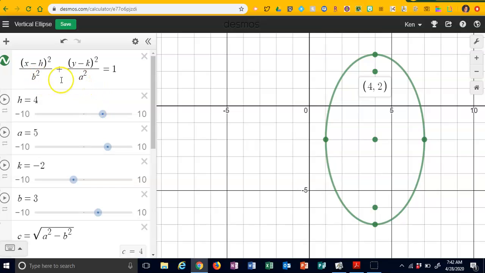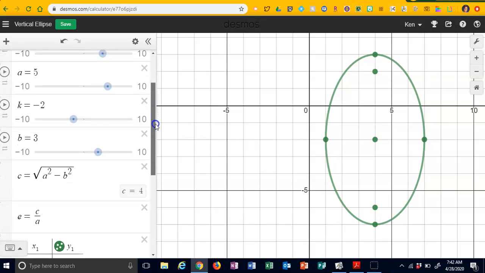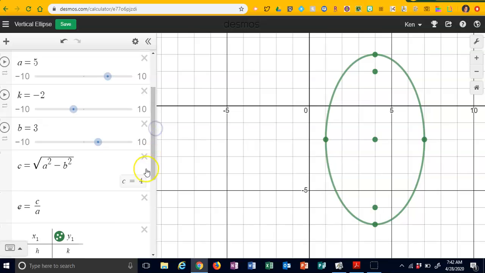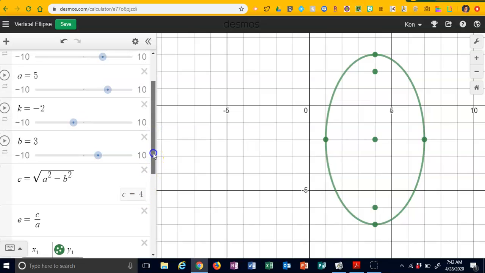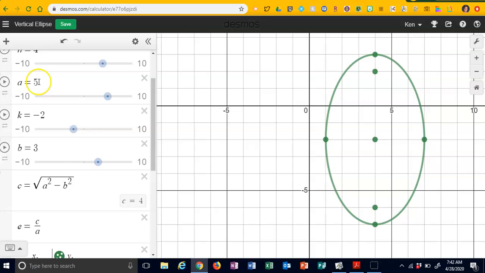Because what we had underneath both of these numbers here, this b was 3, so b squared, I had a 9 underneath this one, and I had 5 squared, or 25, underneath this one. Now, what if I change some things a little bit? Because here, we see that C is 4 and A was 5, then E was 4 divided by 5, or 0.8.